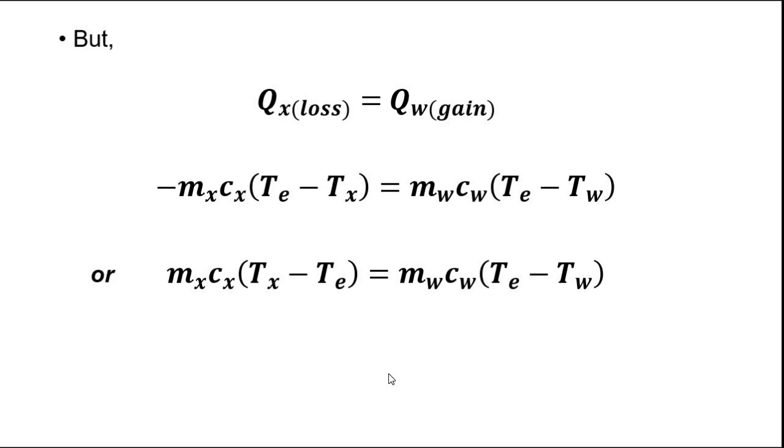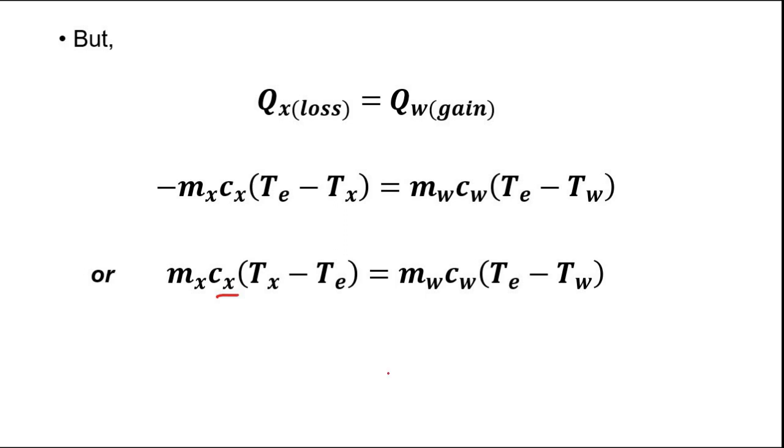Our objective here is to calculate the specific heat of the sample, because everything else is known. Mx is known, Tx we have already calculated by inserting the thermometer, mass of water is known, specific heat of water is known, and the equilibrium temperature we have already calculated by taking the readings.